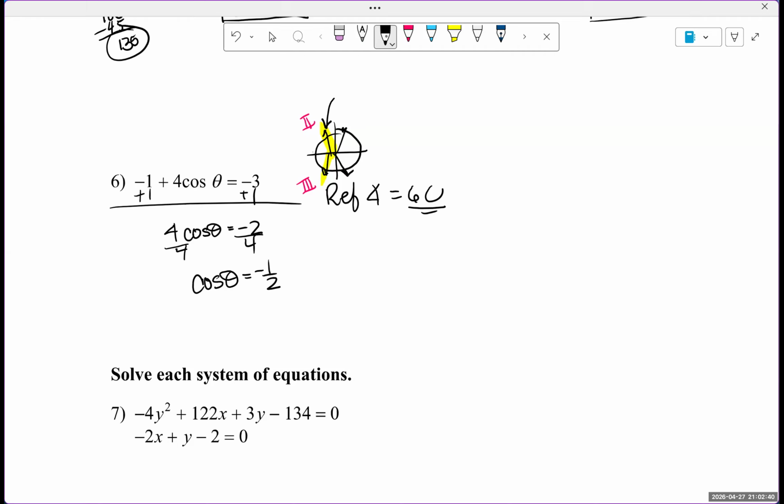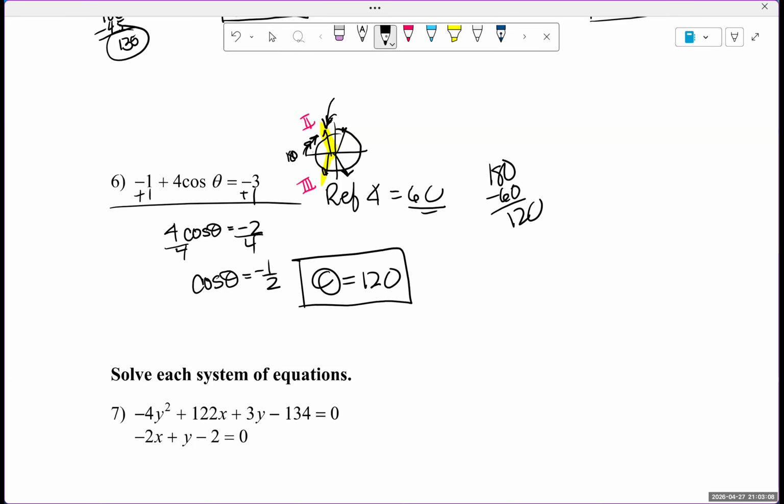So we could either take 90 and add 30, or we could take 180 and subtract 60. So 180 minus 60 is 120. So theta is equal to 120 degrees.